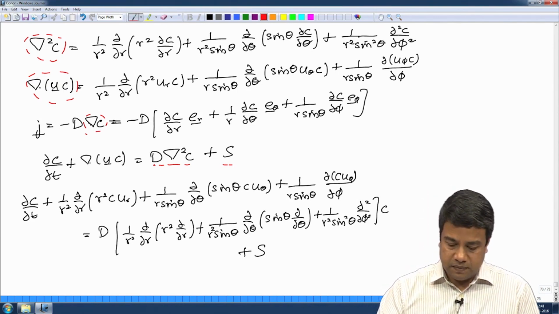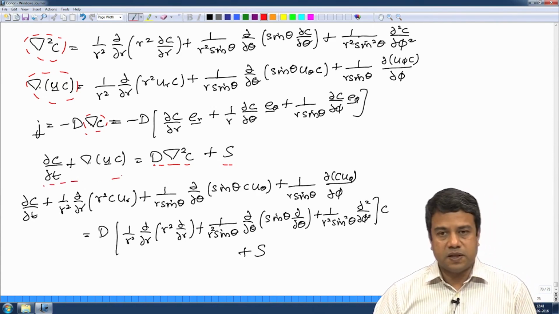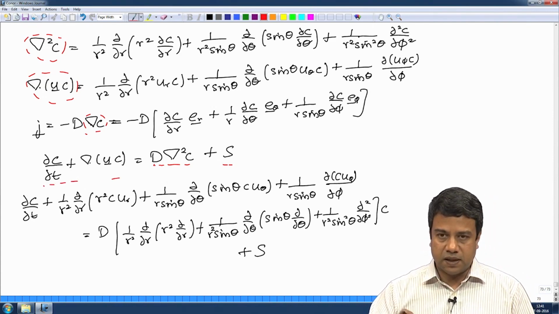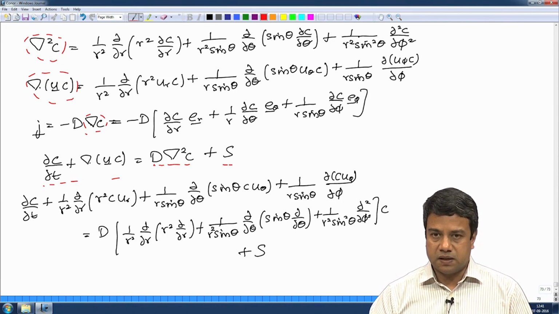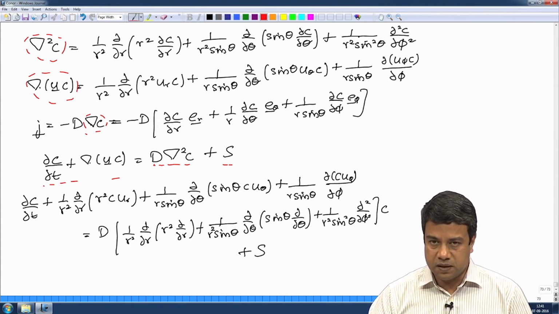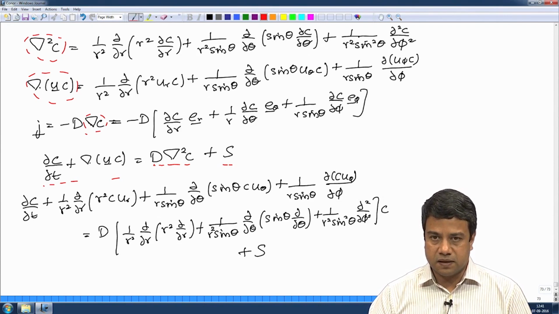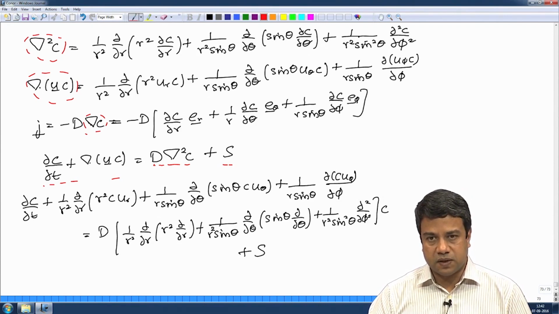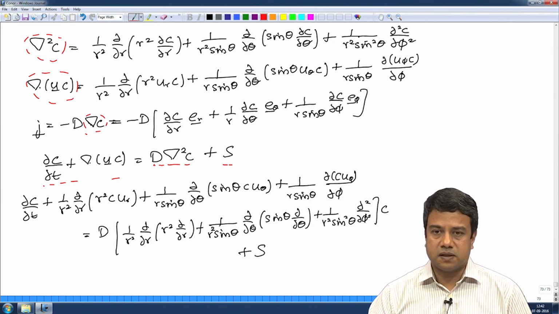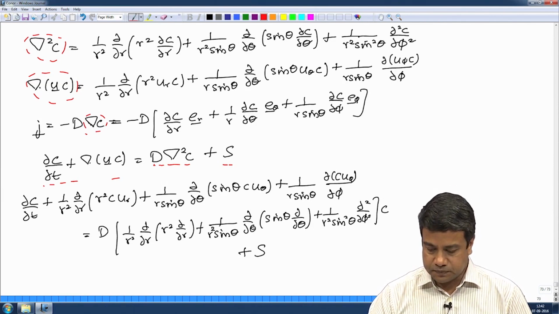In the convection dominated regime, you would expect this to be 0. You can neglect diffusion, but I showed you in the last lecture, even when convection is dominant, diffusion will be important near surfaces. You have to identify the length scale of the region near the surface where convection is important, and then find out the concentration field within that region.